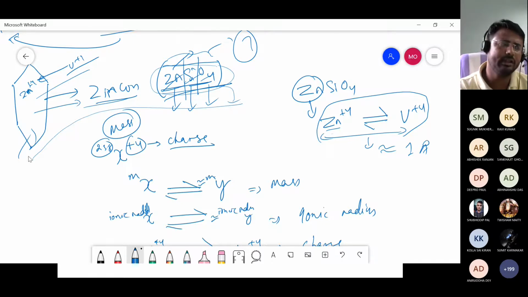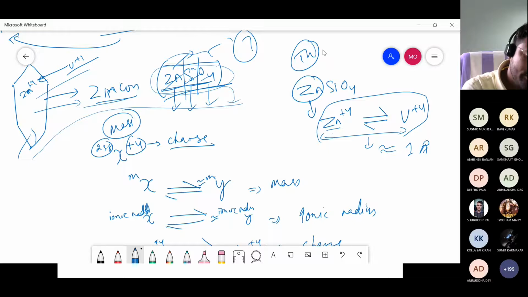So there are many minerals in addition to zircon which entrap different radioactive elements. One another element is thorium. ठीक है? Samarium. Samarium से नियोडिमियम बनता है. Lutetium से हैफनियम बनता है. पोटैशियम से आर्गन बनता है. ठीक है? रुबिडियम से स्ट्रोंशियम बनता है.